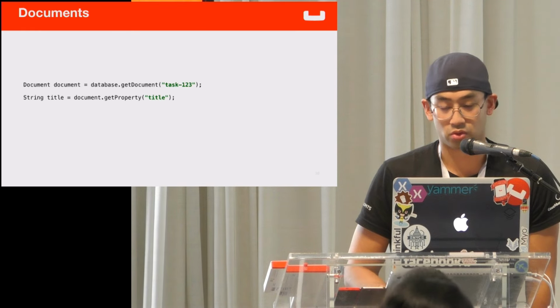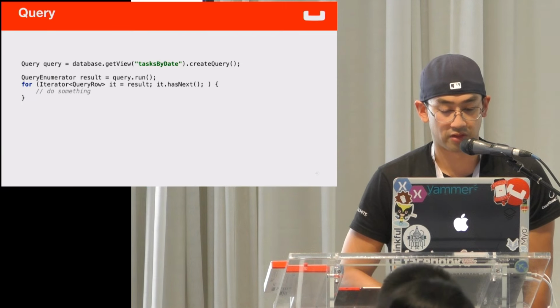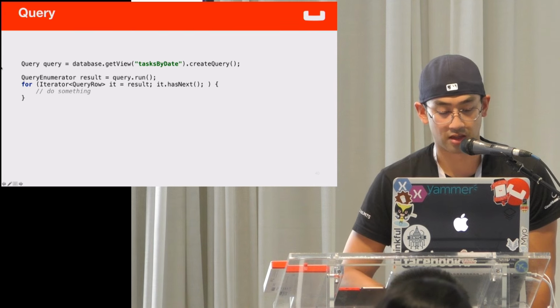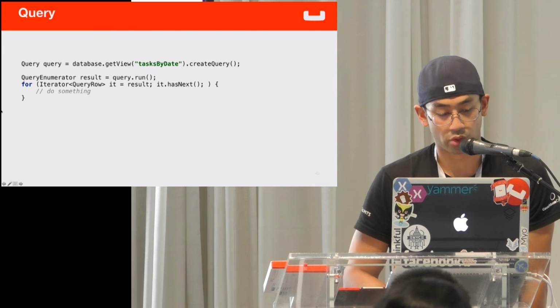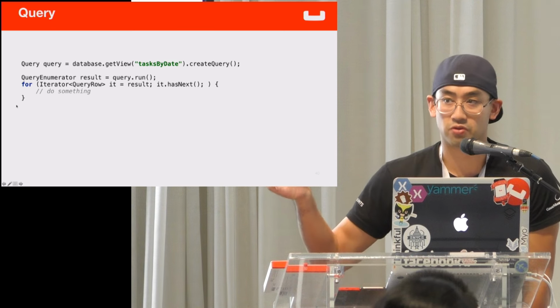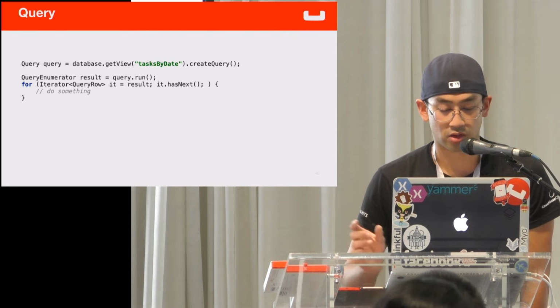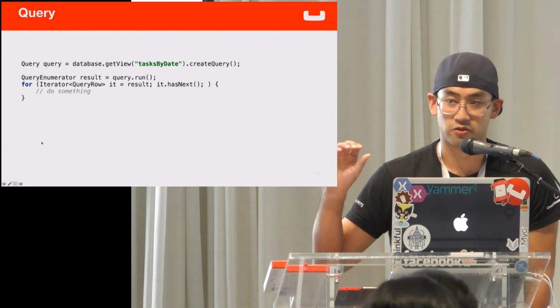When we do a query here, you create one of these, you customize a property such as the key and the range, and then you run it. The result is a query enumerator, which provides you with a list of query row objects, and each one describes one row of the view's index.